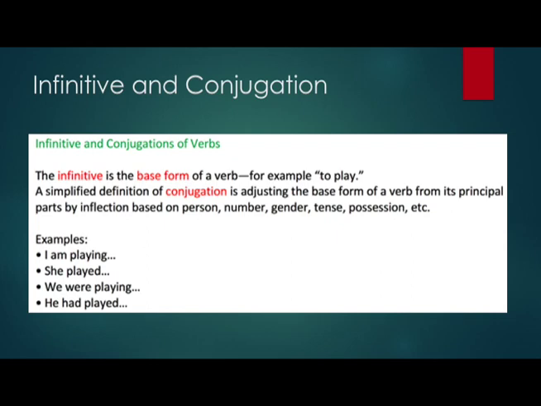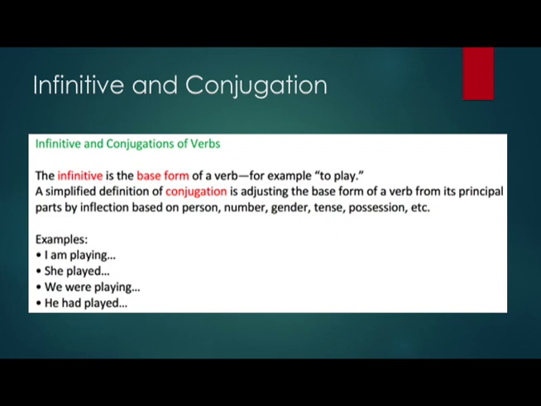So I is first person, you second person, he, she, it, or they third person. This can be singular or plural. I is first person singular, we is first person plural. The gender, is it he, she, or it?